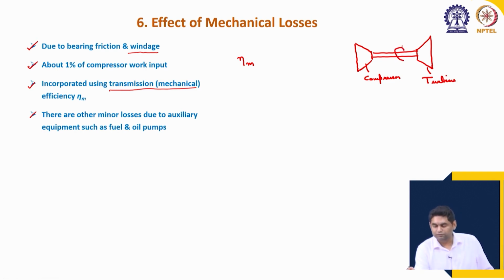This is rotating. The work output from the turbine, let us say, is equal to WT. A slightly reduced amount of this work output is available to the compressor for running the compressor. If we consider that the entire work output is used for running the compressor, we will need slightly higher work output as compared to the compressor work to run the device.